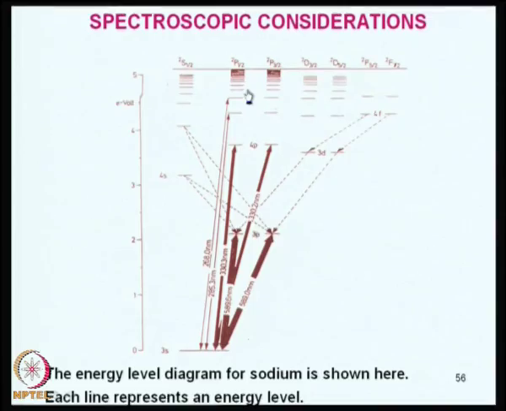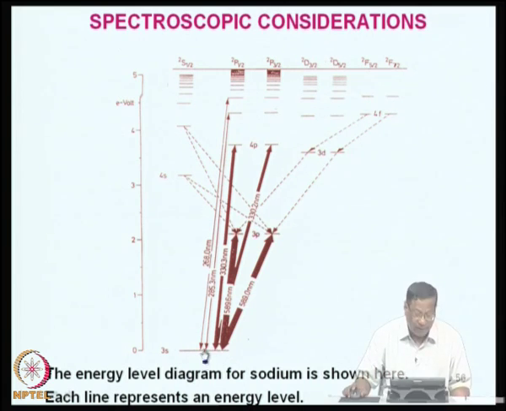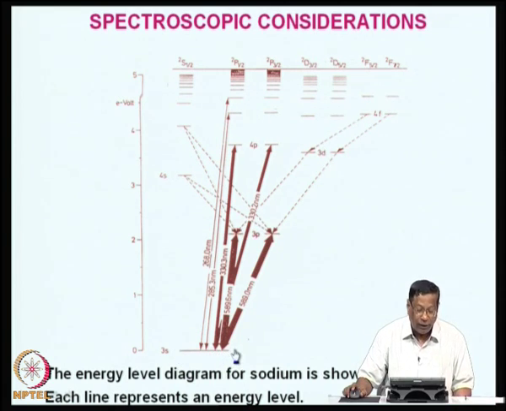So, this point we will have to understand, and when I show you this sodium spectrum in the next slide, you will see that the energy difference is put in as electron volts, and these are all the radiation excitations starting from the 3s ground state.